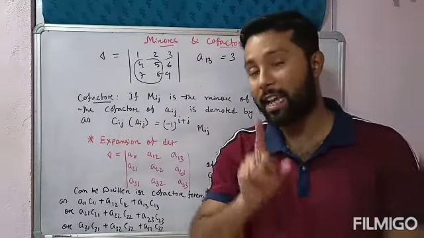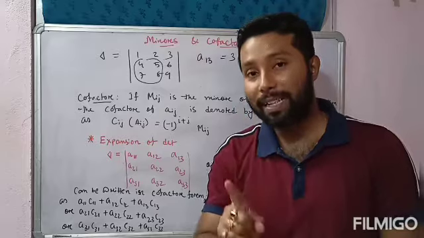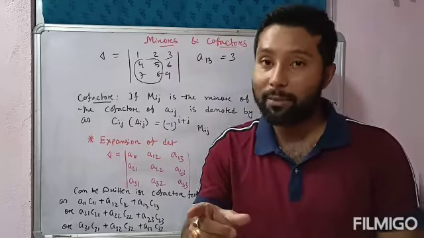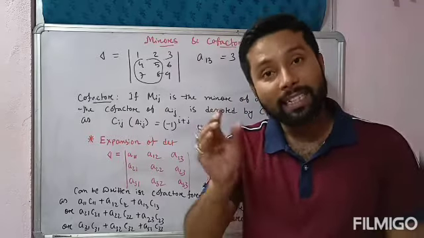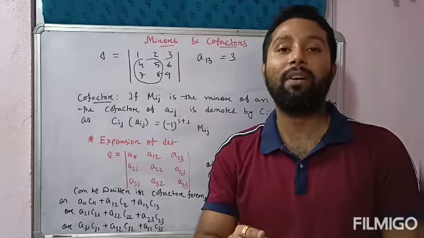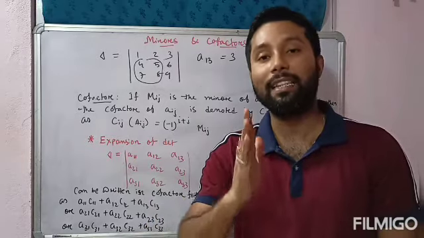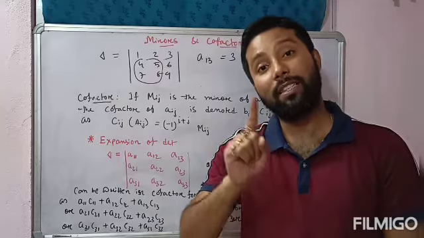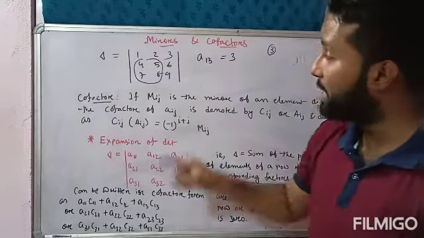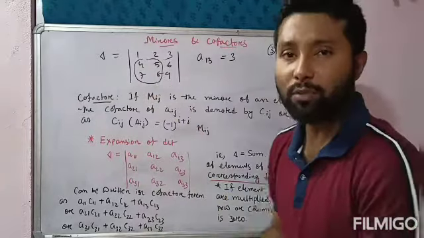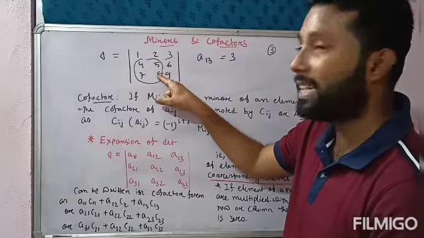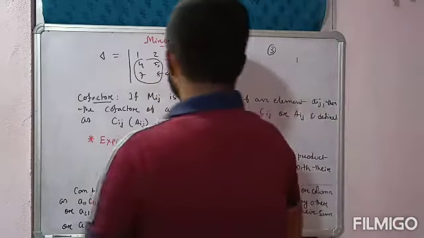Listen to the definition properly. Minor of an element Aij of a determinant is the determinant obtained by deleting the ith row and jth column. Minor is also a determinant, so you have to expand this one. You know how to expand. Cross multiplication: 4 into 8, that is 32, minus 35.